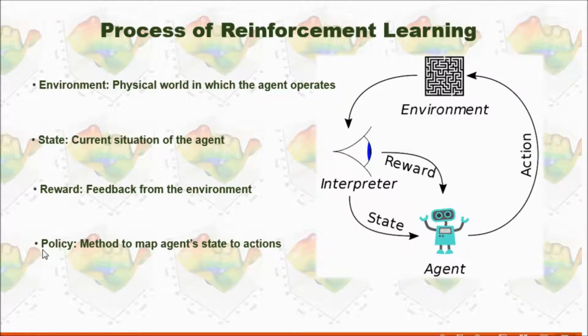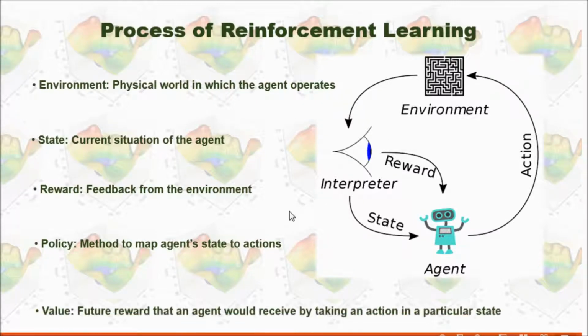And then there's a policy. Policy is a method to map the agent's state to actions. This is like in your computer, you have software, and then you will follow all those policies to take actions.